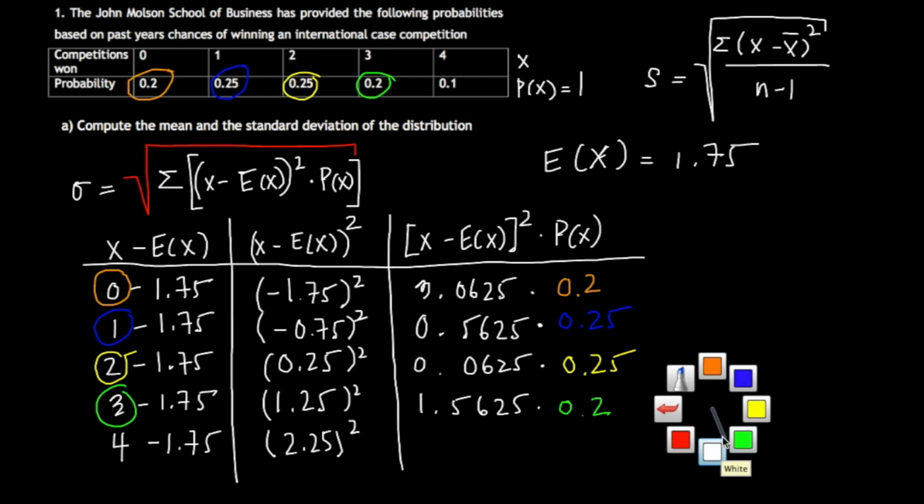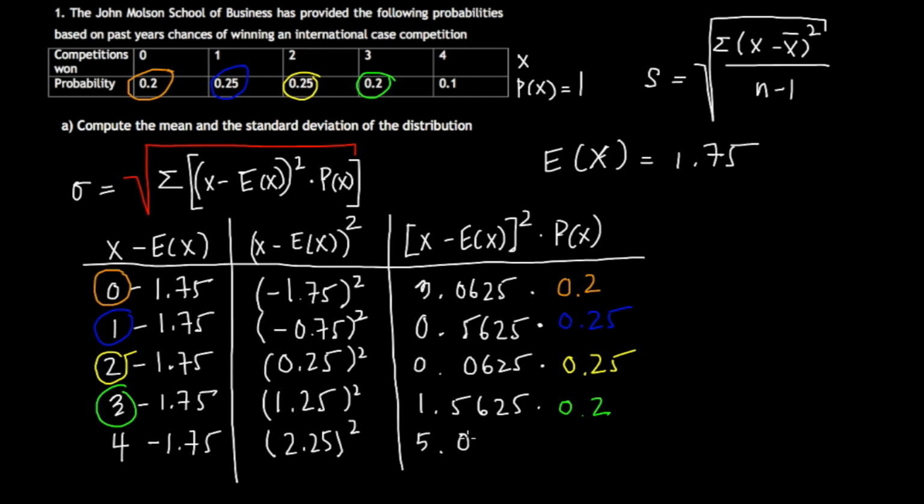And finally, I'm going to have 2.25 to the power of 2, so 5.0625 multiplied by the final outcome's probability, which is right here, which is 0.1. Okay?